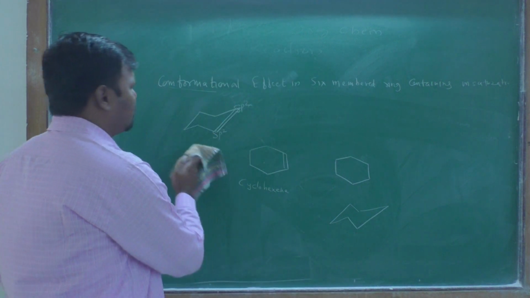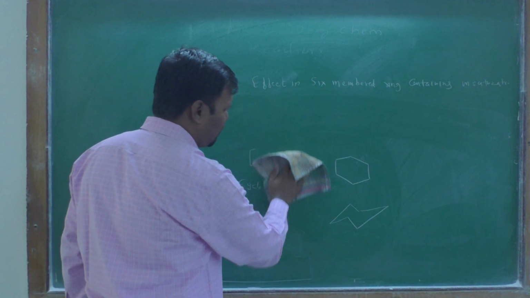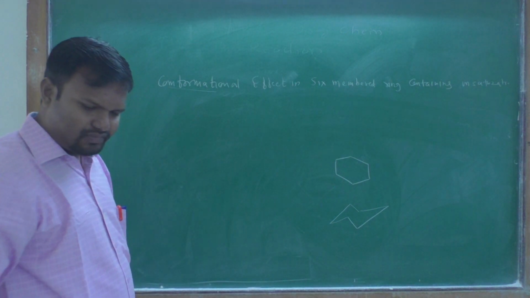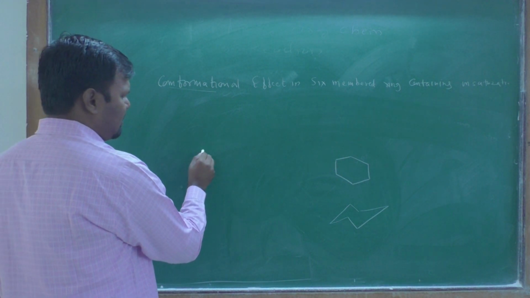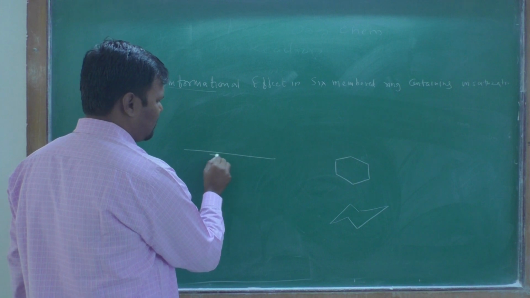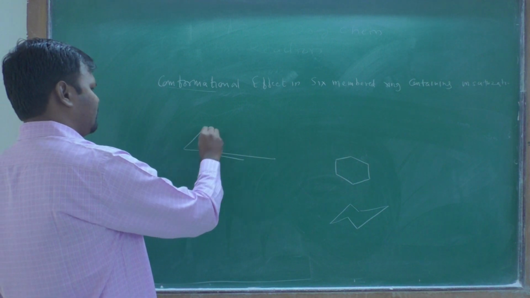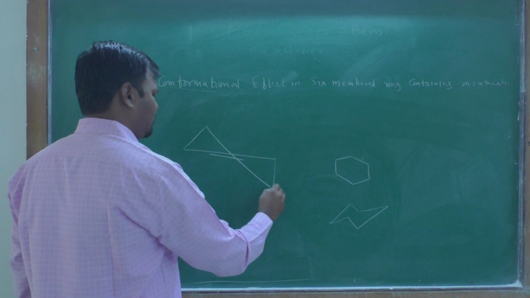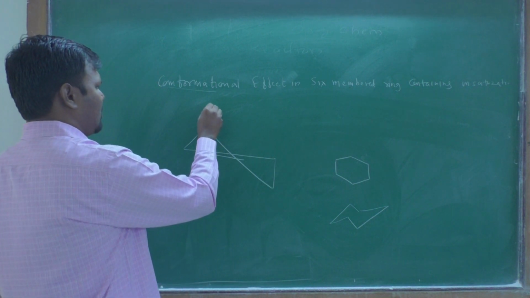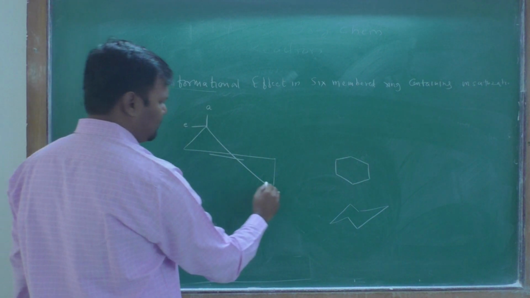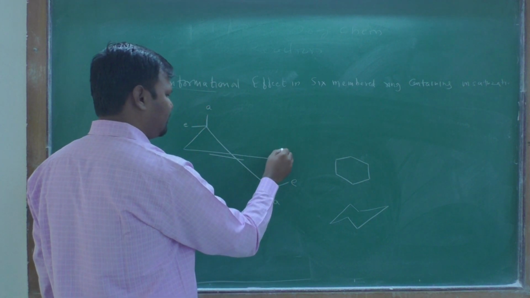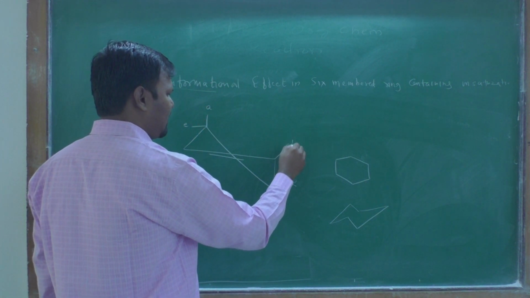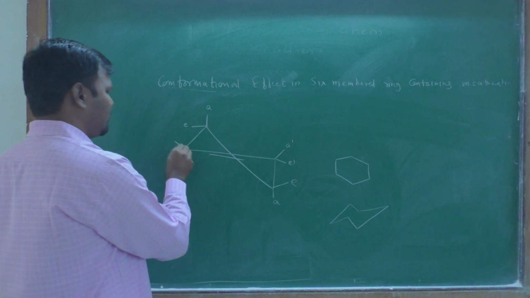There is a distortion of the chair form, looking like this. The double bond is here. Axial and equatorial, axial dash and equatorial dash.